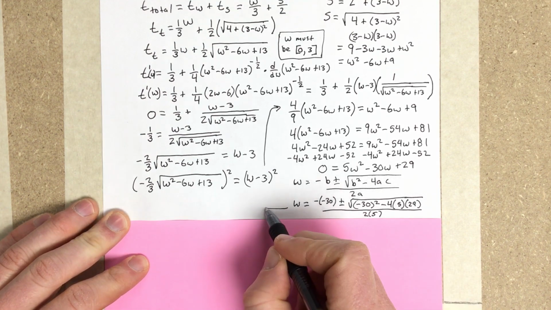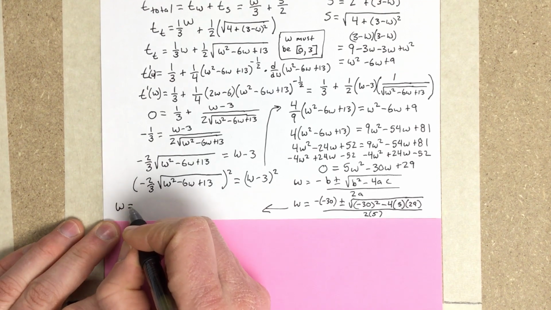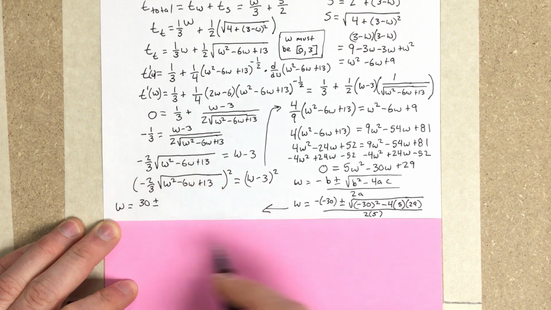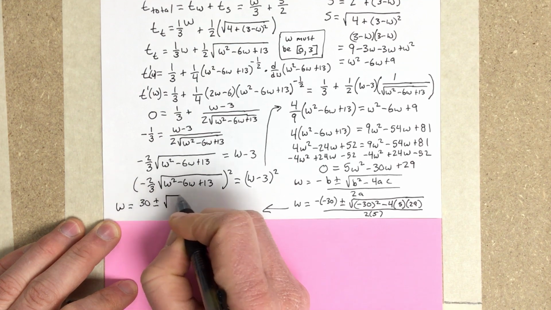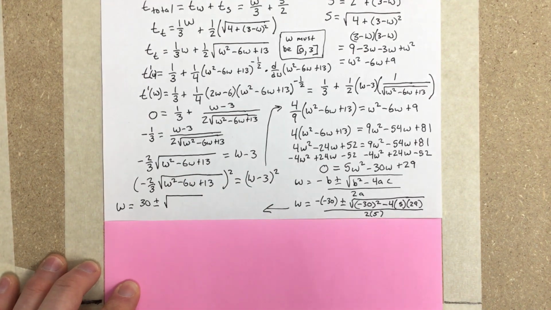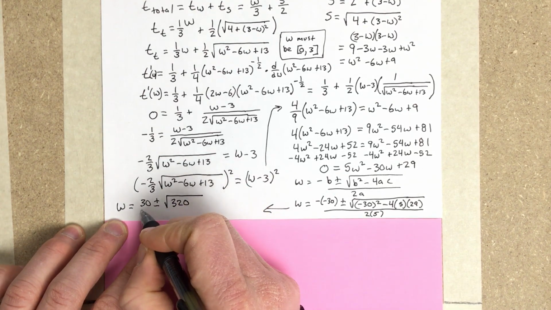We're going to get w is equal to 30 plus or minus the root of 30 squared minus 4 times 5 times 29. You get root 320 over 10.